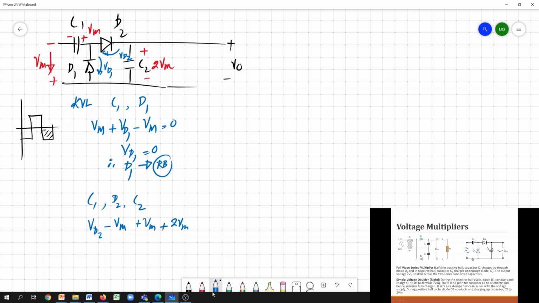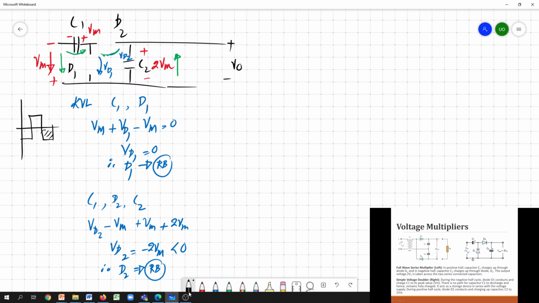So Vd2 minus Vm plus Vm plus 2Vm. So then Vd2 is actually minus 2Vm, so less than 0. So this diode 2 is also reverse bias. So now this is reverse bias and this is also reverse bias.